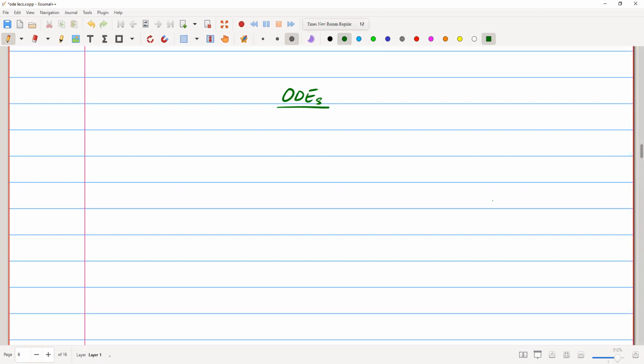Now, in this class, we are going to talk about some mathematical models that arise due to changes in the quantities, right? So we will talk about some mathematical models, more precisely deterministic models. So now the question is how these differential equations arise, right?